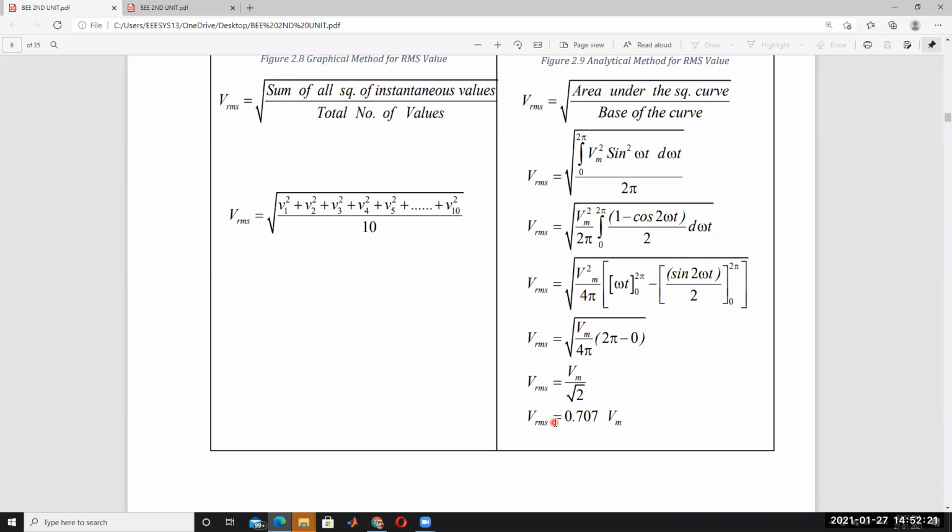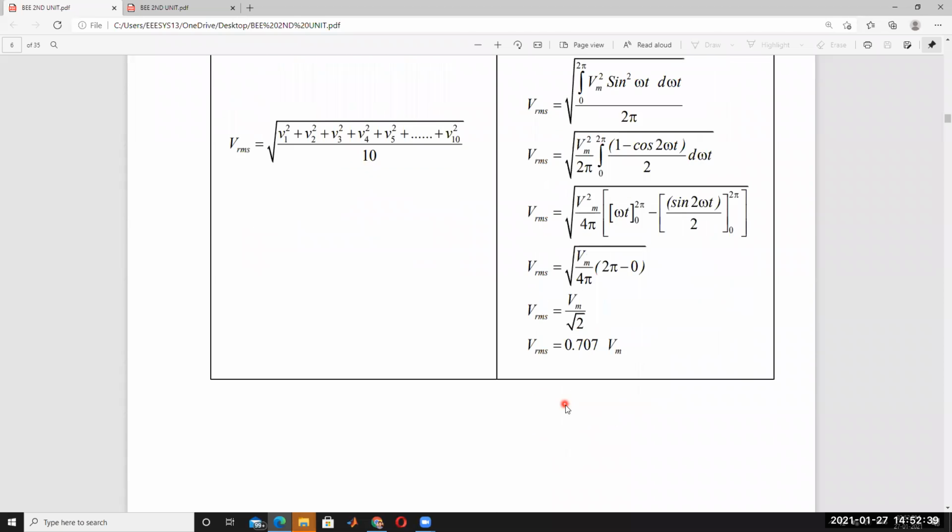That means VRMS is Vm by root 2, which is 70.7% of Vm. This is called the RMS value.